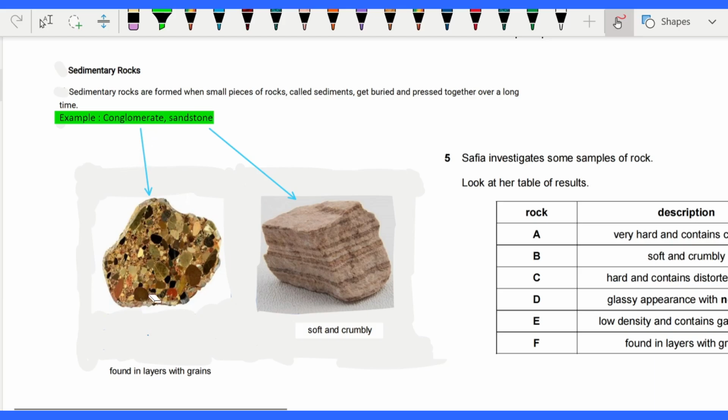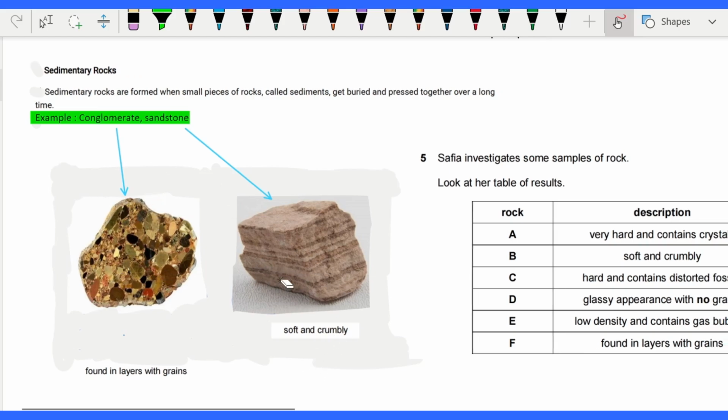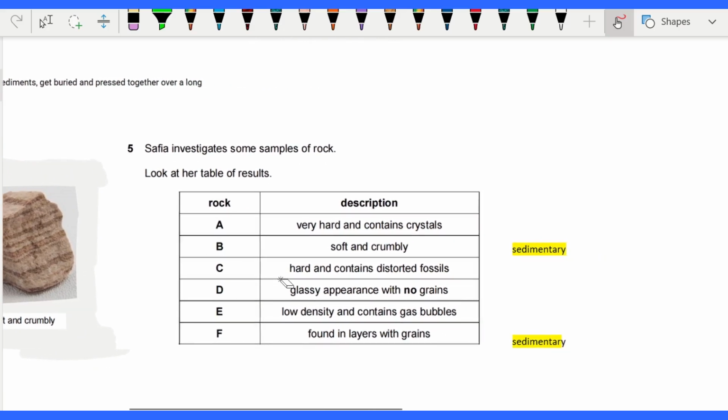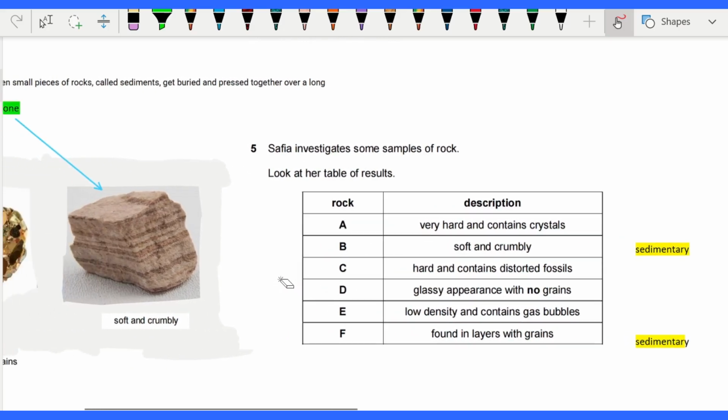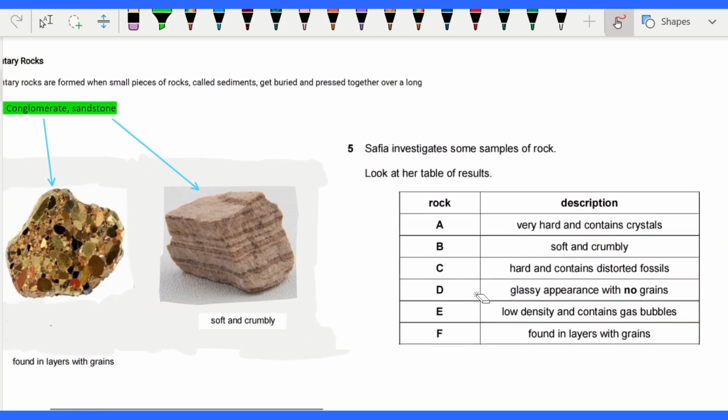Examples: conglomerate, found in layers with grain, and sandstone, which is soft and crumbly. So B and F are the sedimentary rocks, while A, D and E are igneous rocks.